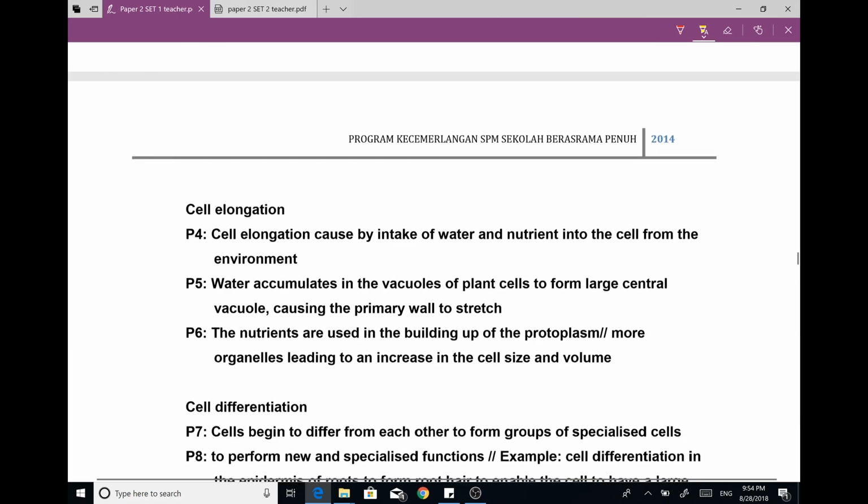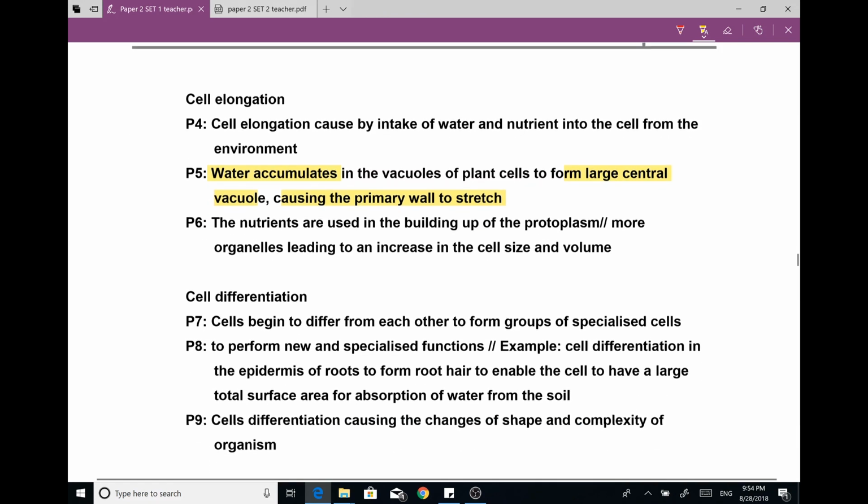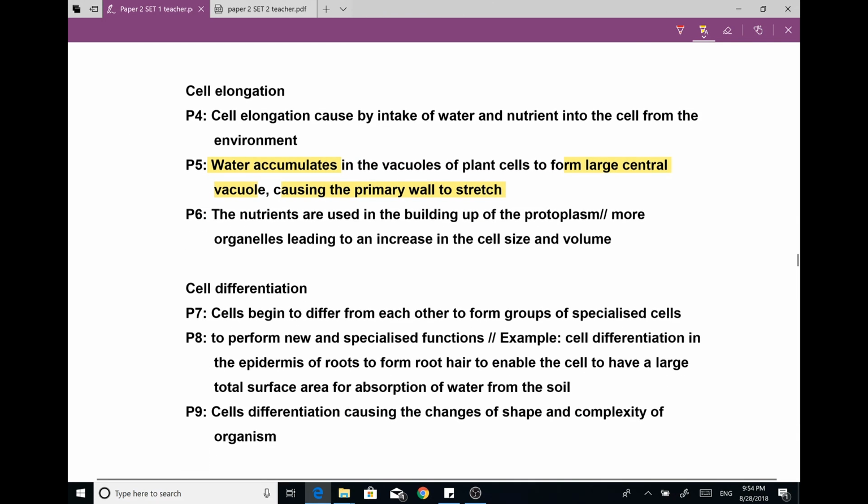Now the second process will be cell elongation. How does it happen? The water is absorbed into the vacuole, causing the vacuole to expand. Finally, they combine to form a large central vacuole, causing the primary cell wall to stretch. In this process also, the cell increases in size and volume to achieve the adult size.